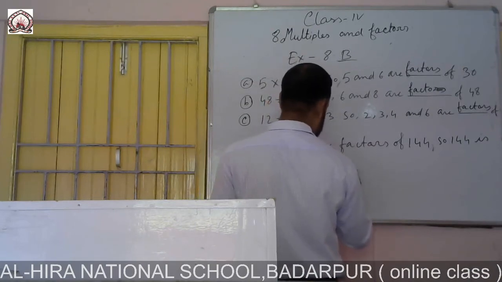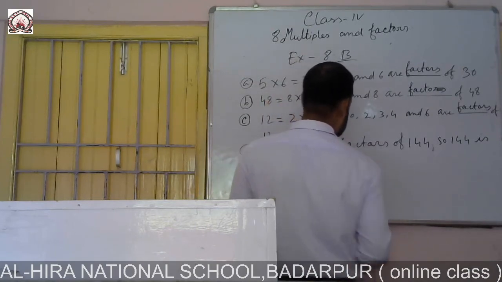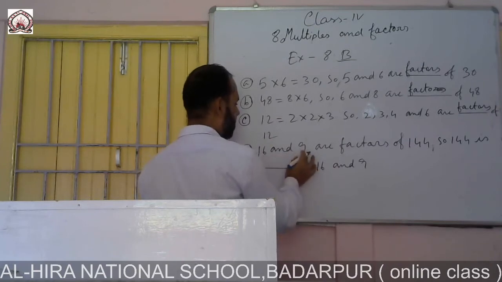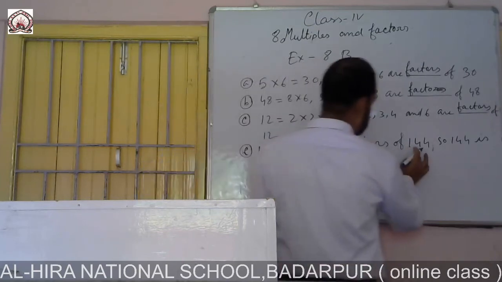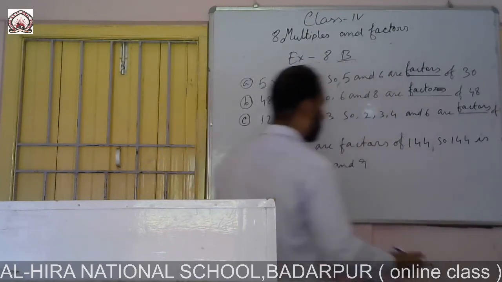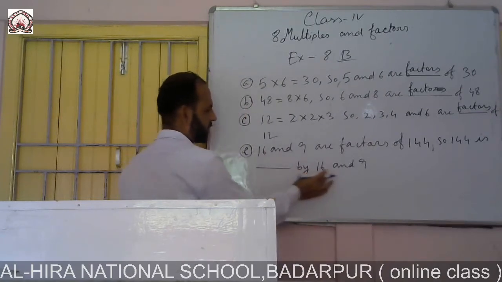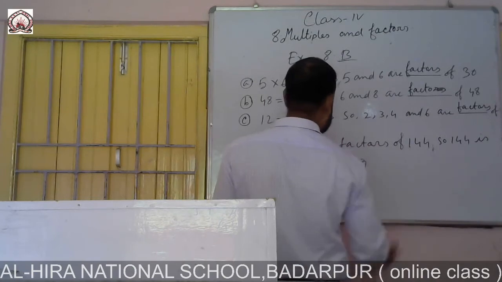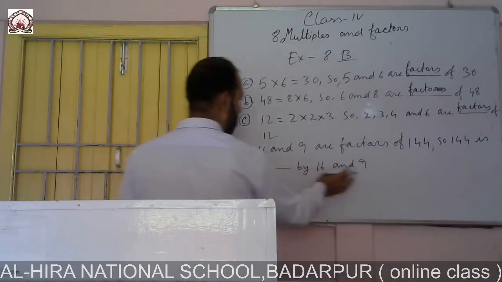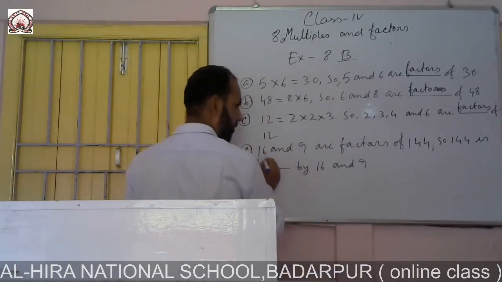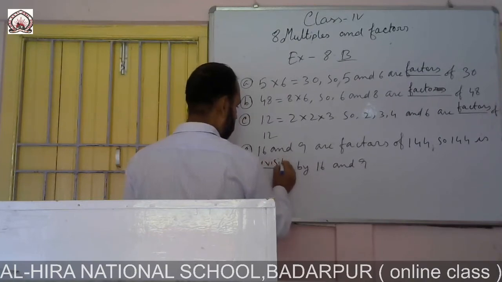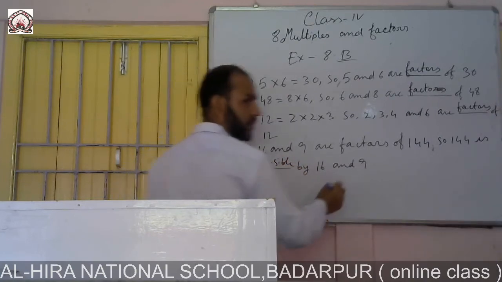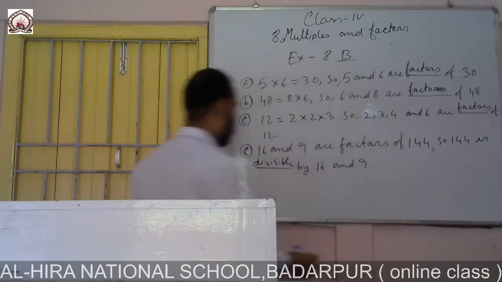Here 16 and 9 are the factors of 144. We know 144 is divisible by 16 and 9.